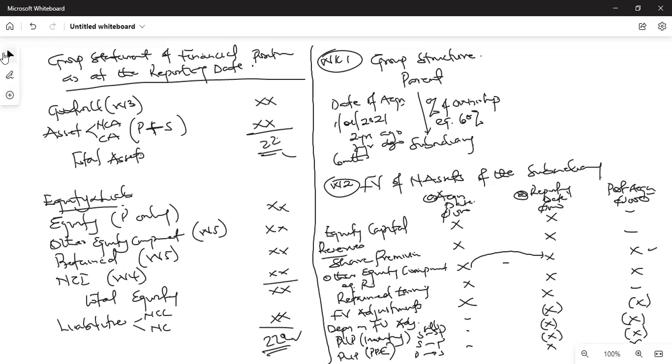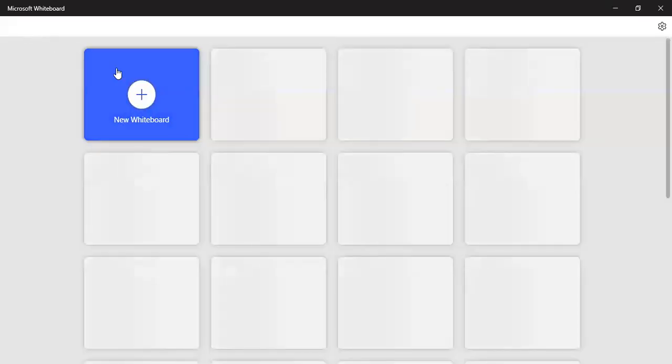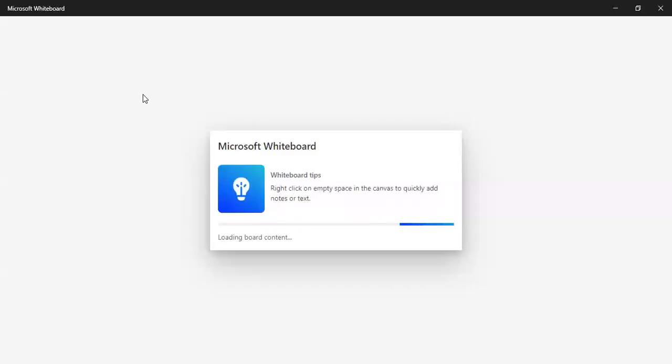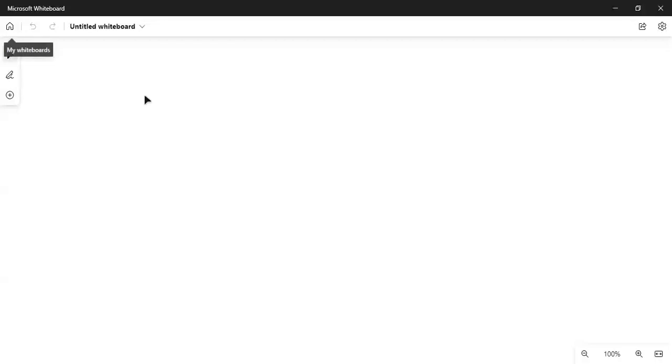So what I'm going to do is to restate this thing on another page for you. So remember, we are talking about working 2, and we said it's the fair value of net assets of the subsidiary.